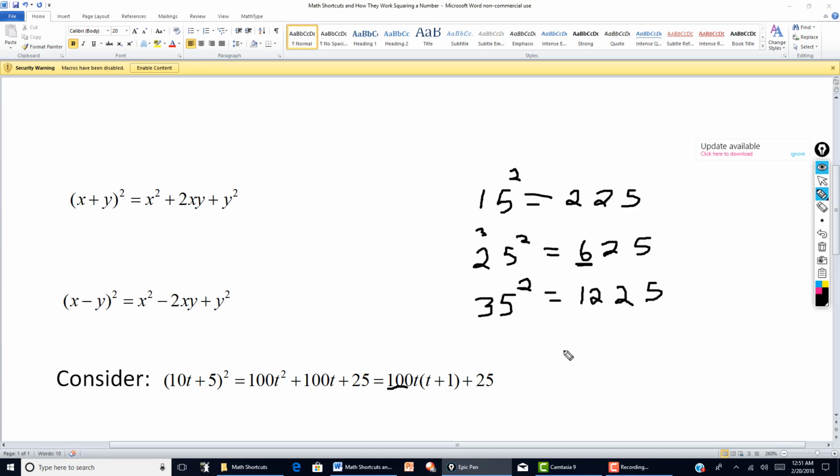Try another one. 65 squared. Add 1 to the 6, that's a 7. Then multiply those two. 7 times 6 is 42. And then they're all going to end in 25.